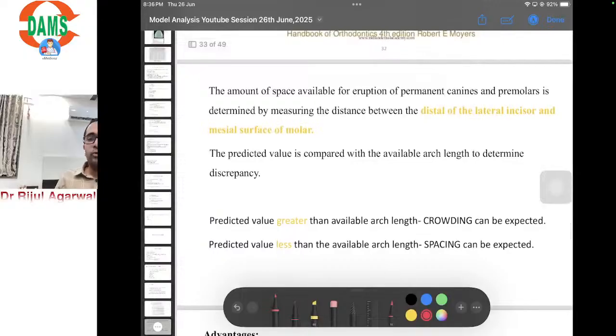So what do you have to do next? What is present in the mixed dentition is C, D and E. You add their mesiodistal width and get the value in mm. So you have one value calculated from here, and one measured value.